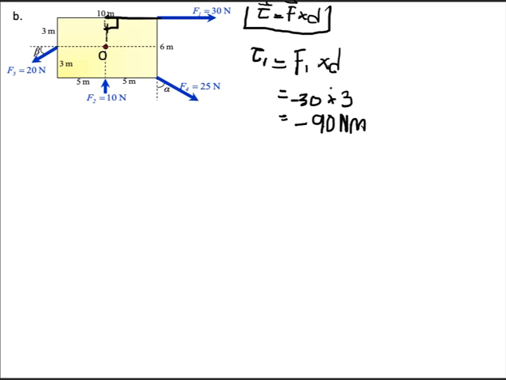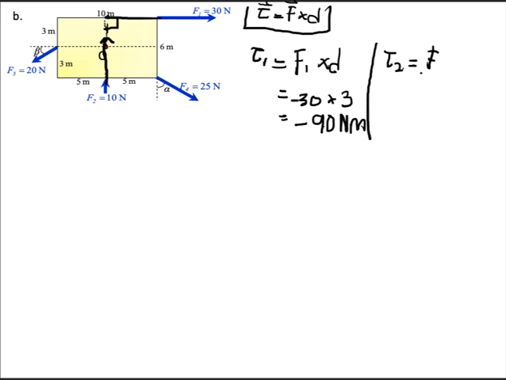Next is torque 2, the torque for F2. Here is the location of F2. If we extend the line of F2, it touches the point of rotation.